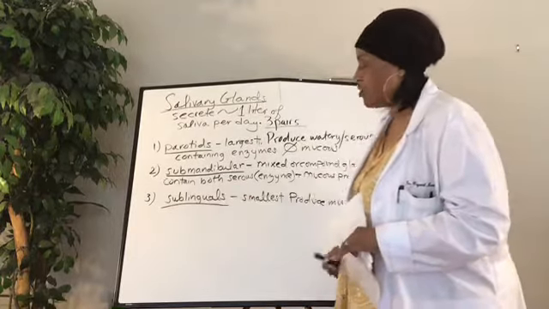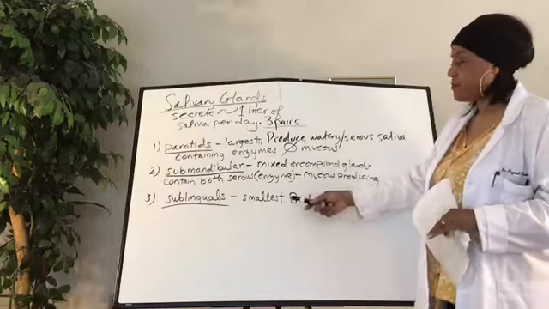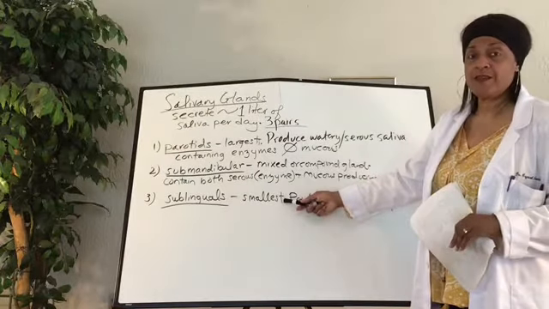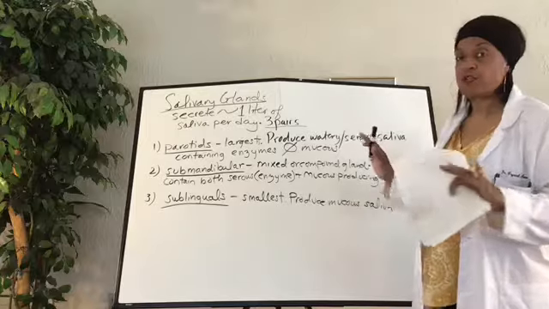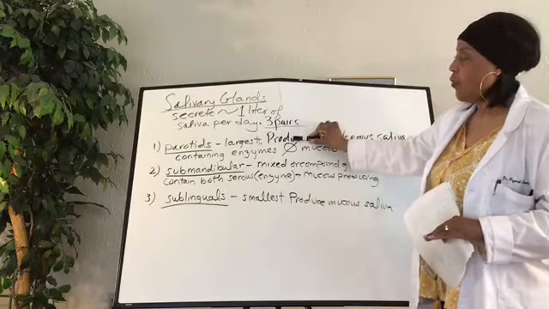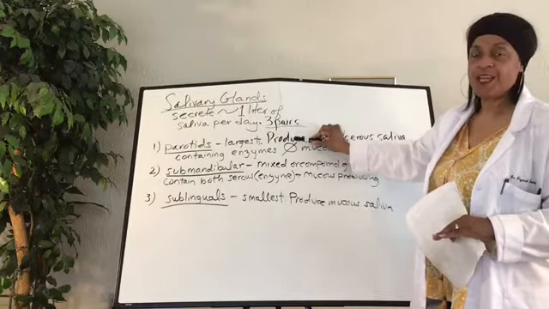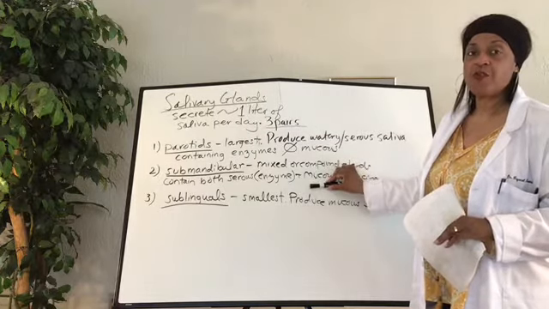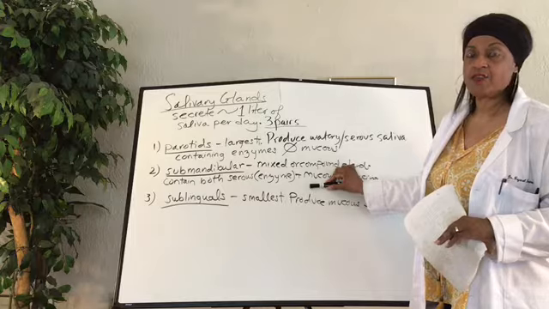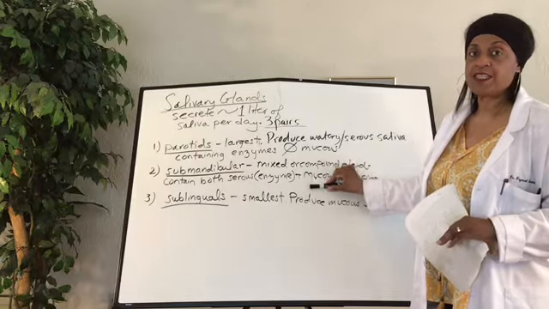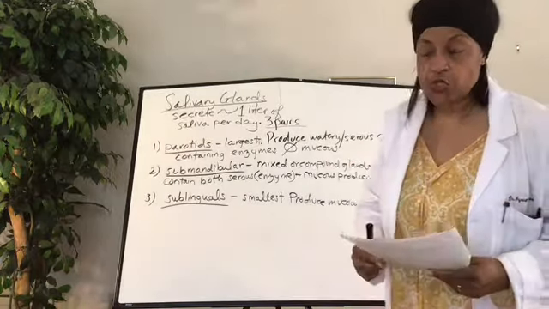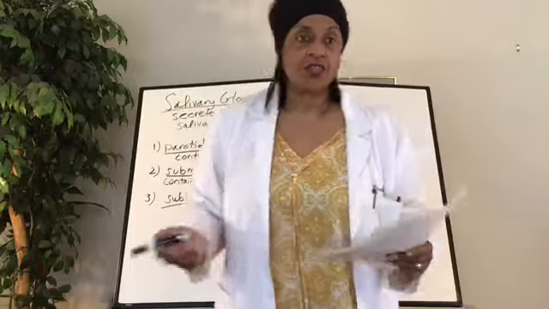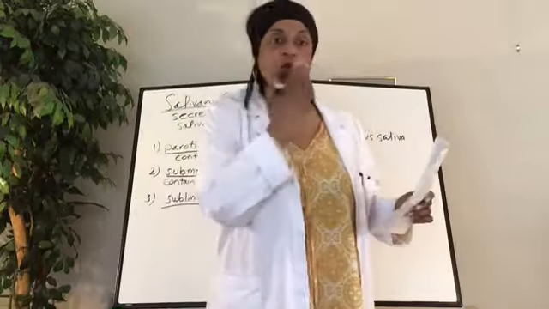The sublinguals, just below the tongue, these are the smallest of the salivary glands, and they produce just the mucus. So you got the watery ones in the parotids, the mucus ones in the sublinguals, and then the mixture of mucus and serous or watery ones with enzymes in the submandibular. I need you to remember those so that you will know what's going on in the mouth.